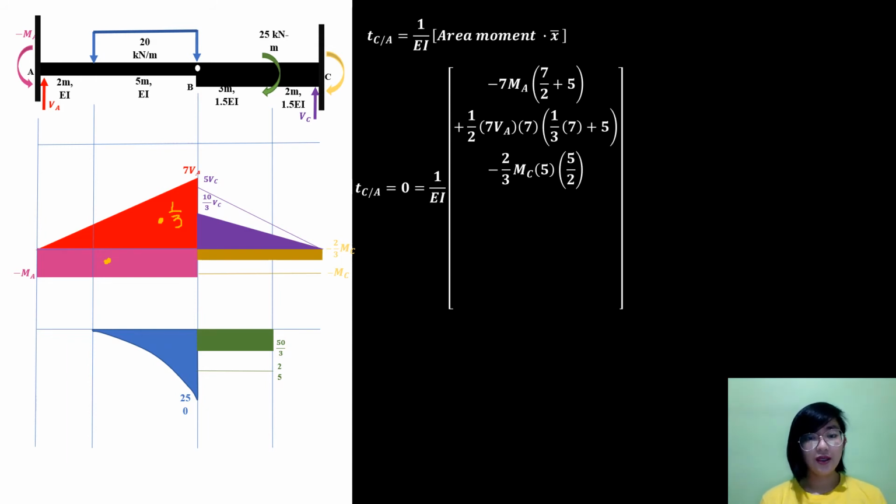So, negative 2/3 MC times 5 times yung centroid niya, which is distance over 2. So, 5 over 2. Ito, length over 2. And then next is this one, ang triangle naman. So, ang centroid dito and nandito. So, 1/2 times 10 over 3 VC times yung length, which is 5, times yung distance ng centroid to reference line, which is 2/3, kasi 2/3 to, di ba? 1/3 yung kabila, 2/3 to. So, 2/3 times yung length, which is 5.